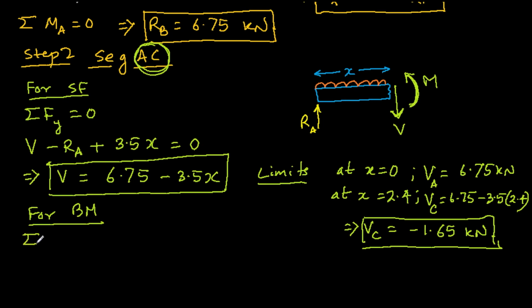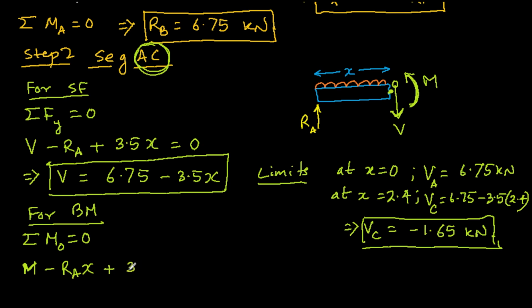For that we have to just write a sigma M about this point O, whatever that point is, moment about O should be 0. So what's the equation? Say M, the positive M which we have chosen through convention, is the counterclockwise, minus Ra times x, it is in the clockwise direction, then plus the moment due to the weight.